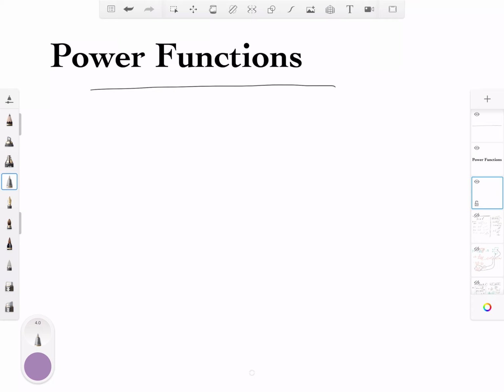So let's do this. We have y equal to kx to the power of p. We group p. If p is 2, 4, 6, and 8, all the positive even numbers, we're going to have x squared, x to the power of 4, x to the power of 6, x to the power of 8.